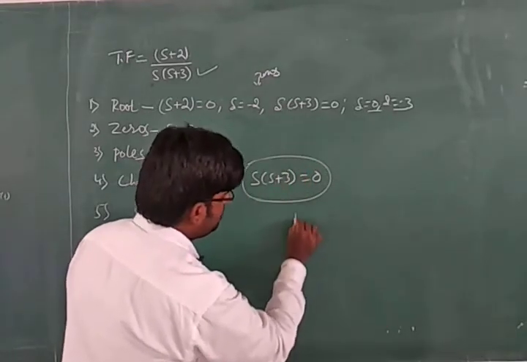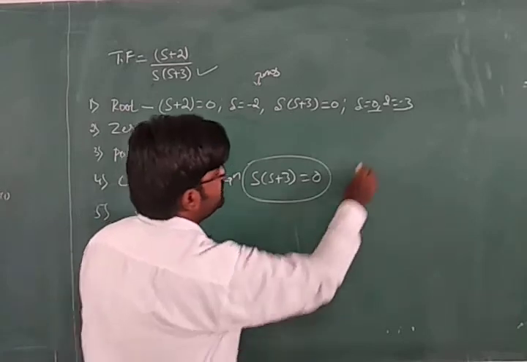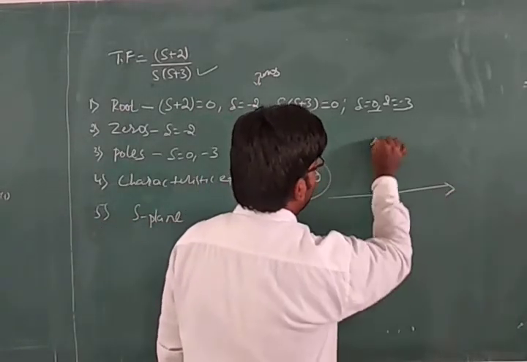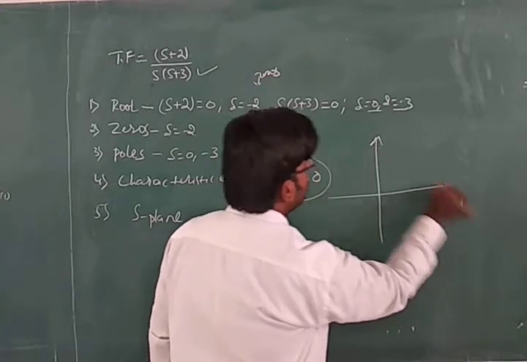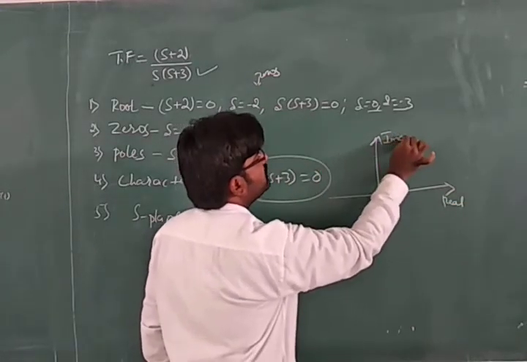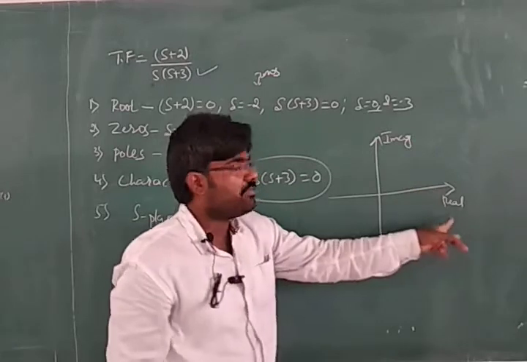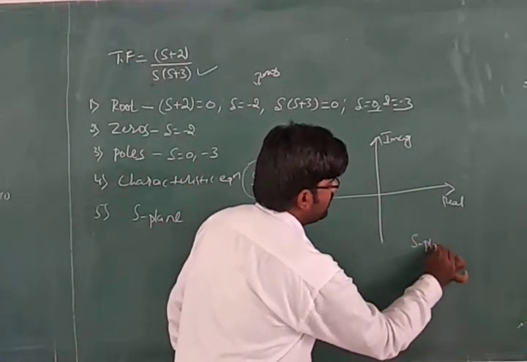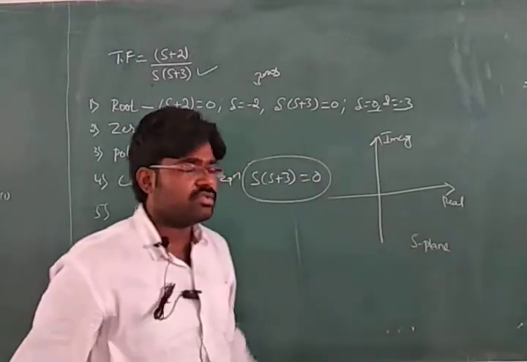So this is the representation of S-plane. We have a real part and an imaginary part. This is the imaginary part, this is the real part. This complete plane is called the S-plane.